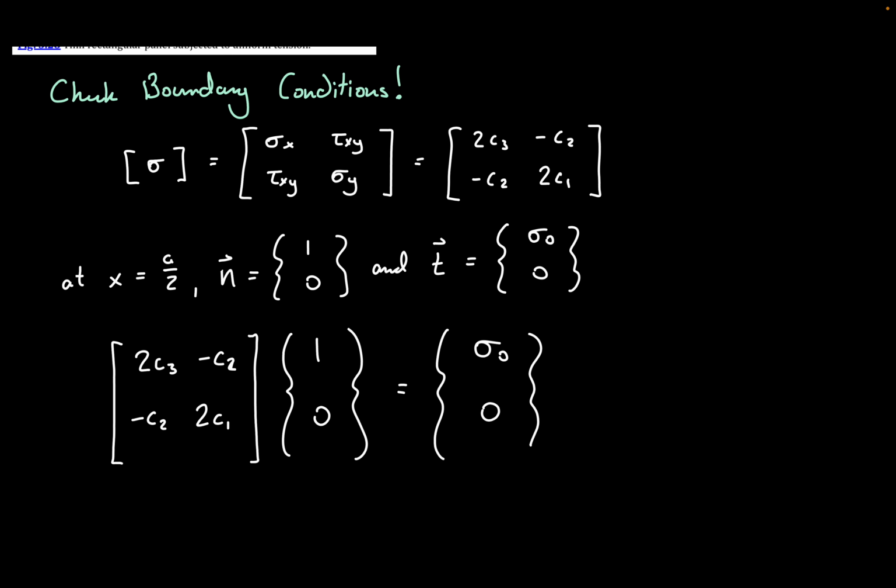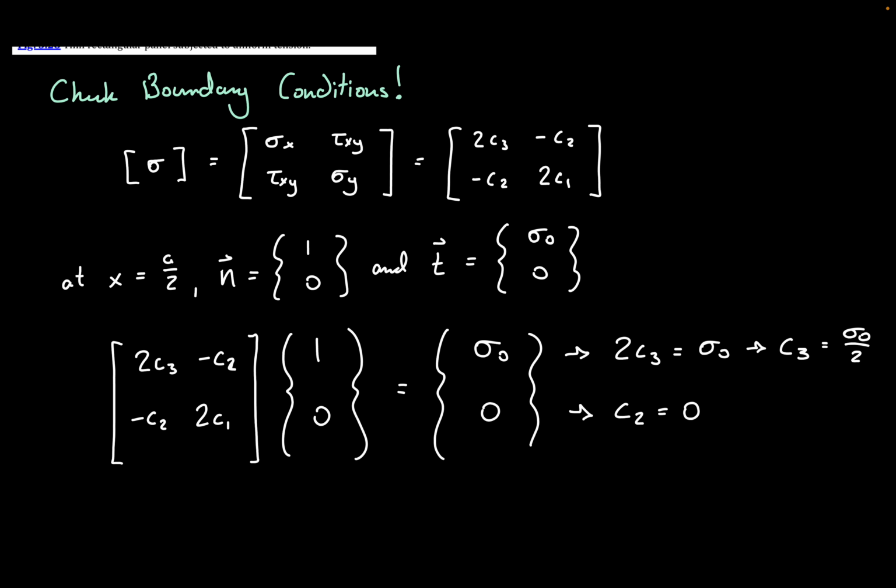And by solving this, on the bottom, we get that c2 is equal to 0. And this first row, by solving it, we get that 2c3 is equal to sigma naught. So by dividing by 2, we get that c3 is equal to sigma naught divided by 2.